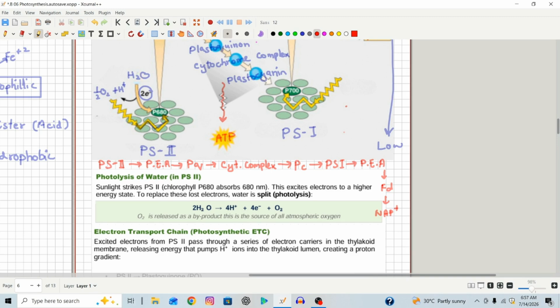So what is the difference between NADH and NADPH? You have to be really careful when you are talking about respiration and photosynthesis. NADPH is the term that you will use in photosynthesis, while NADH is the term that you will use in respiration. So P is for NADPH in plants, and NADH is the term in respiration.